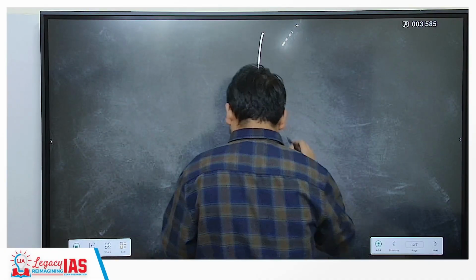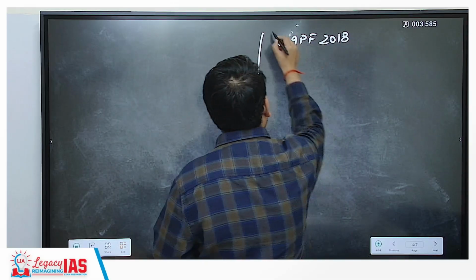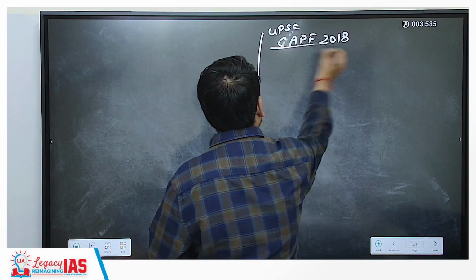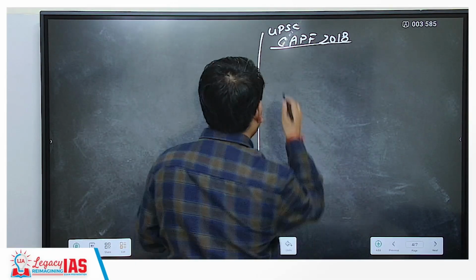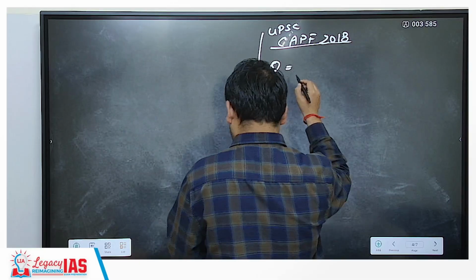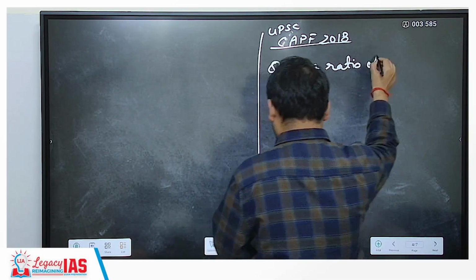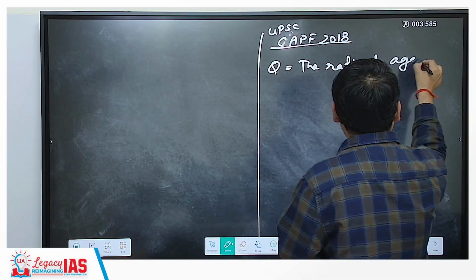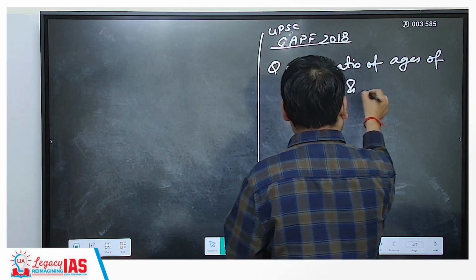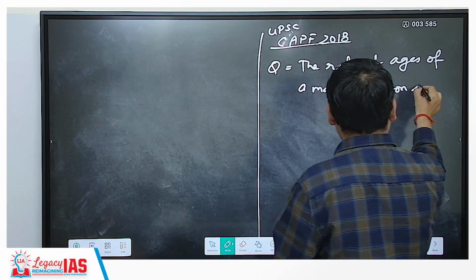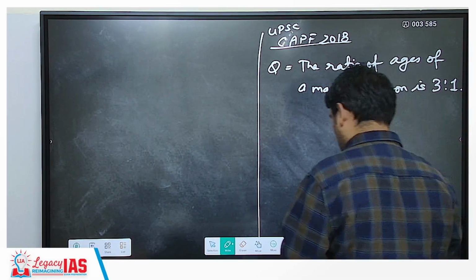This question is from CAPF 2018. This is also conducted by UPSC. Now, the ratio of ages of a man and his son is 3:1.